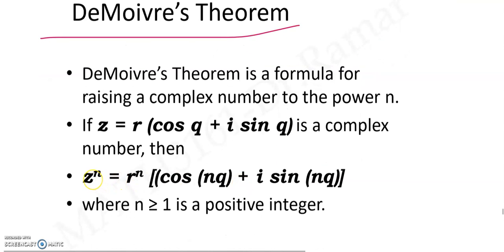If you take the nth power, z to the power n, then we write r to the power n, and you put this n inside the angle: cosine nq plus i sine nq. So if you raise z to the power n, this is the result. This is de Moivre's theorem.